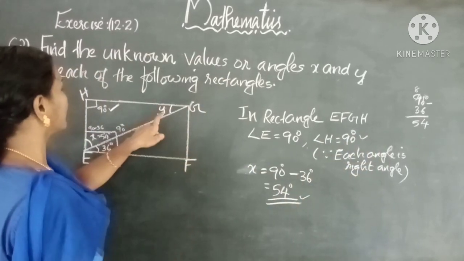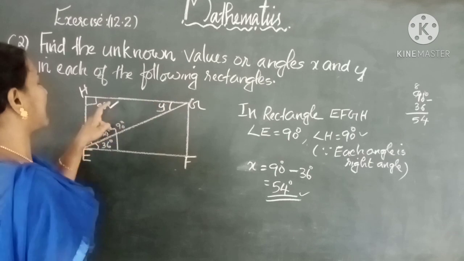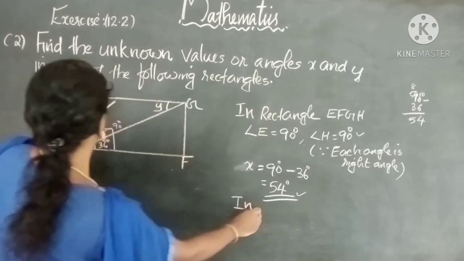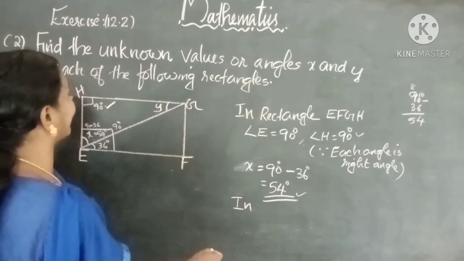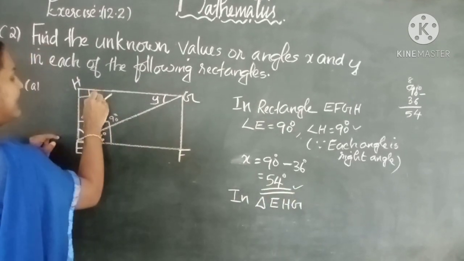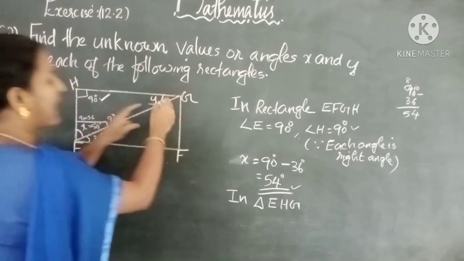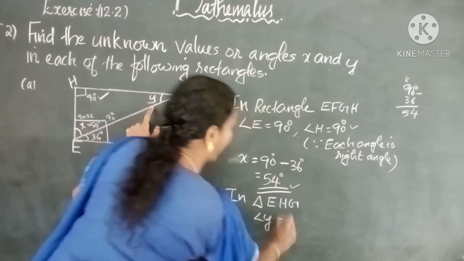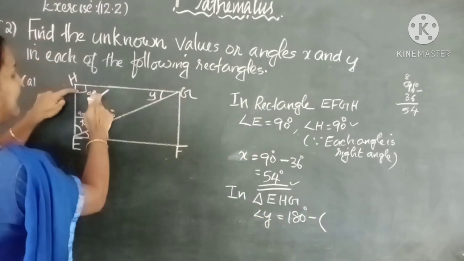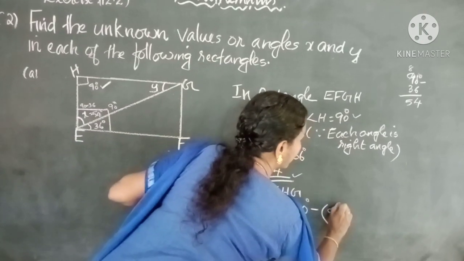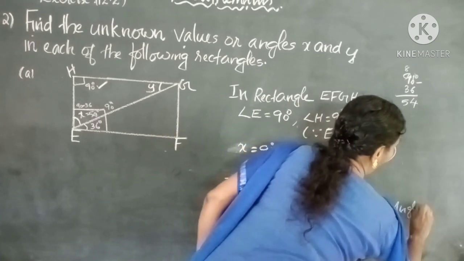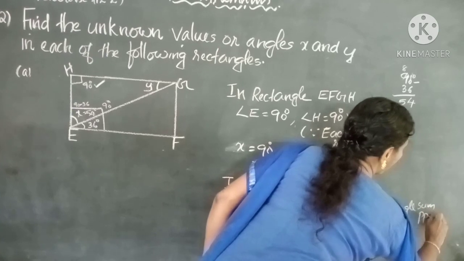Then y is equal to 180 minus of 90 plus 54, in triangle EHG. Reason: angle sum property.